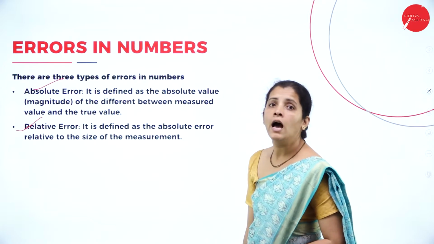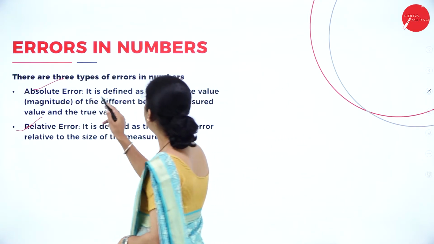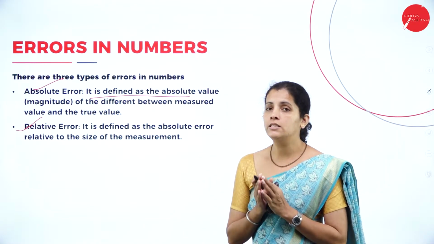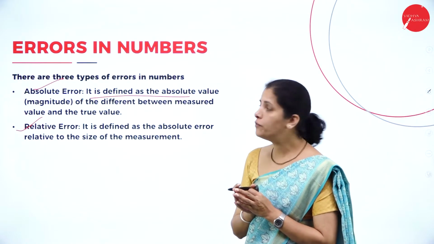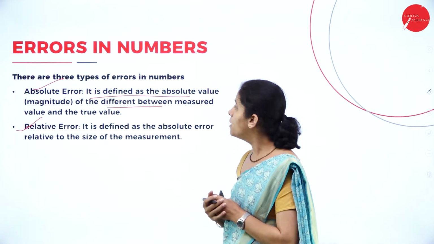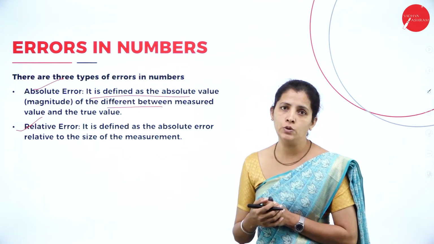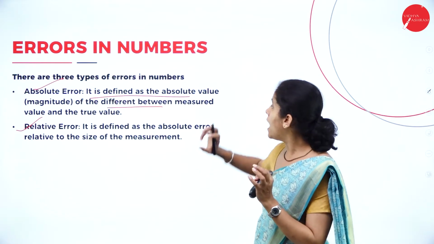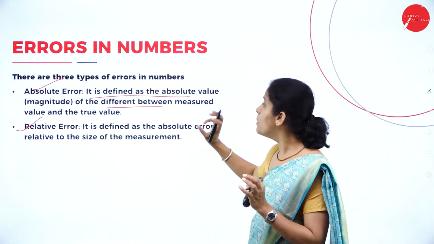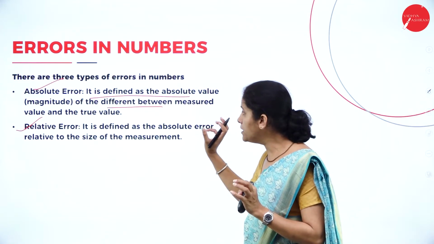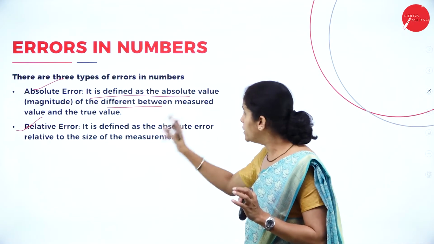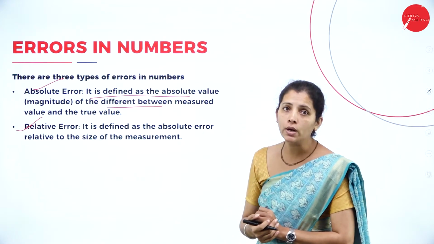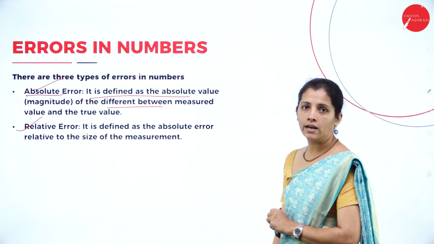So, what is absolute error? It is defined as the absolute value, that is, the magnitude of the difference between the measured value and the true value. Dear student, in the question you're going to get the actual value and the true value, and the difference between them is known as absolute error.